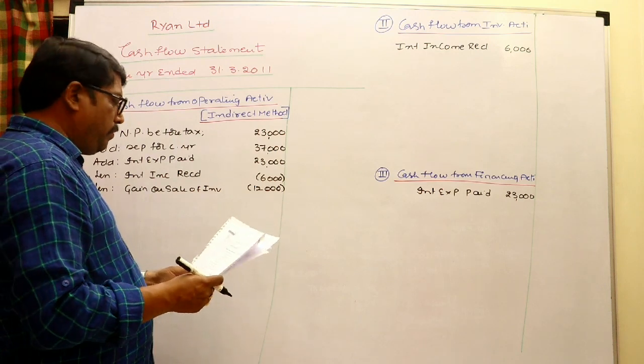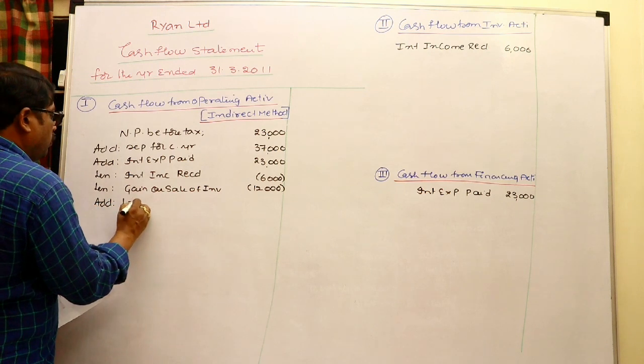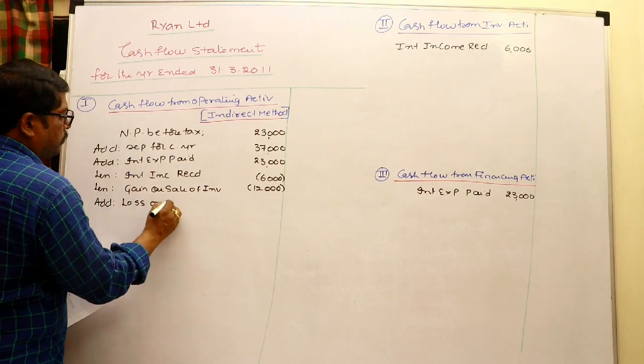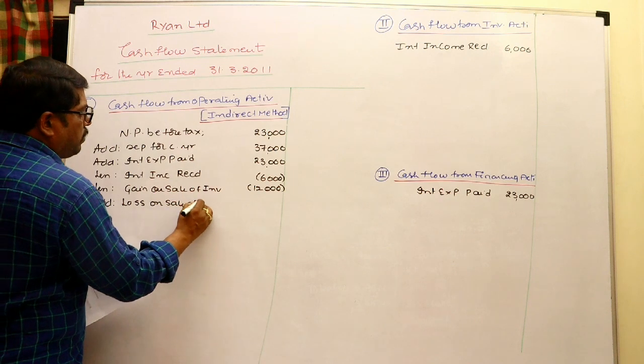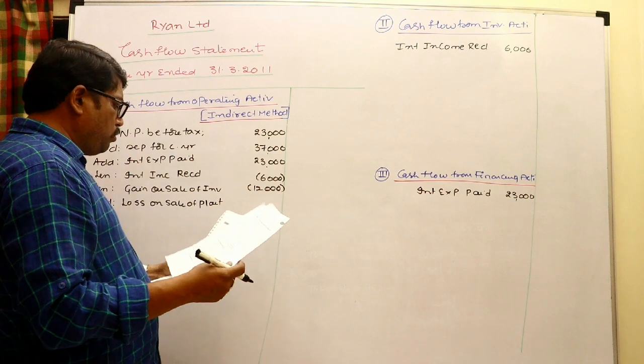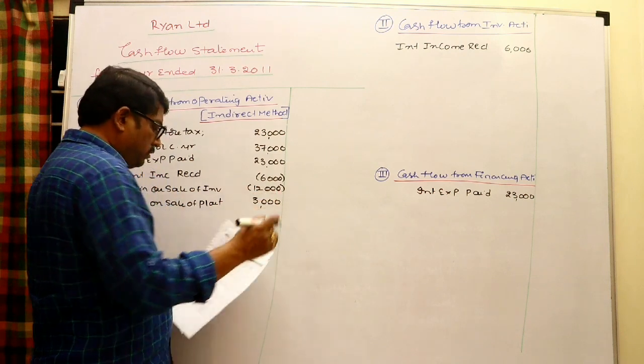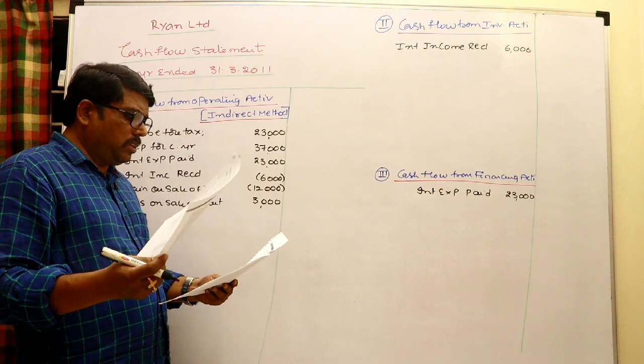Next, loss on sale of plant, add loss on sale of plant. These are all non-operating items, but this also need not be written anywhere, it should be automatically incorporated. So that is 3,000.